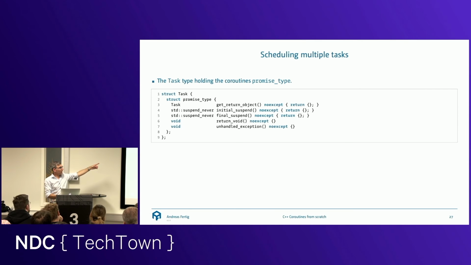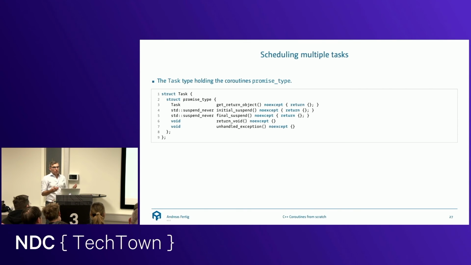So if I say final suspend never, because I do not want to get a value after the final return, the compiler will handle the destruction, because final suspend never means the compiler flows off the end of the entire coroutine, and that means it destroys it itself. So this is the trick here. This is why in this specific case, final suspend is never. But if you do that and still want to get a value out, you are in trouble because the memory already was deleted. So this is the combination you have to watch out for.